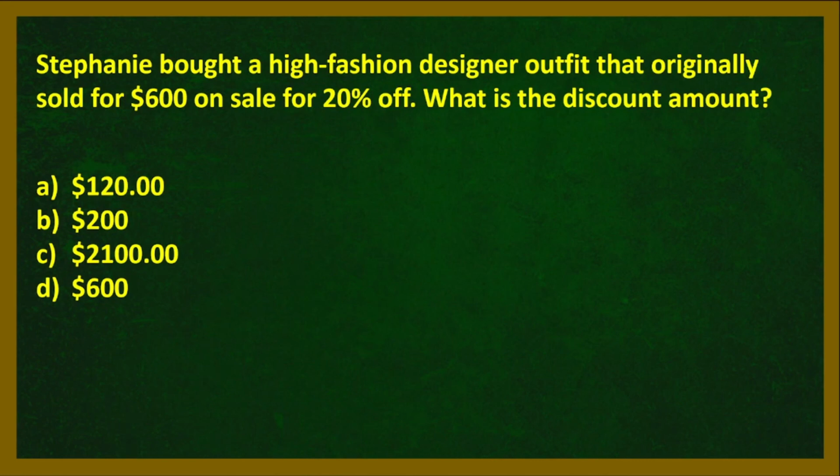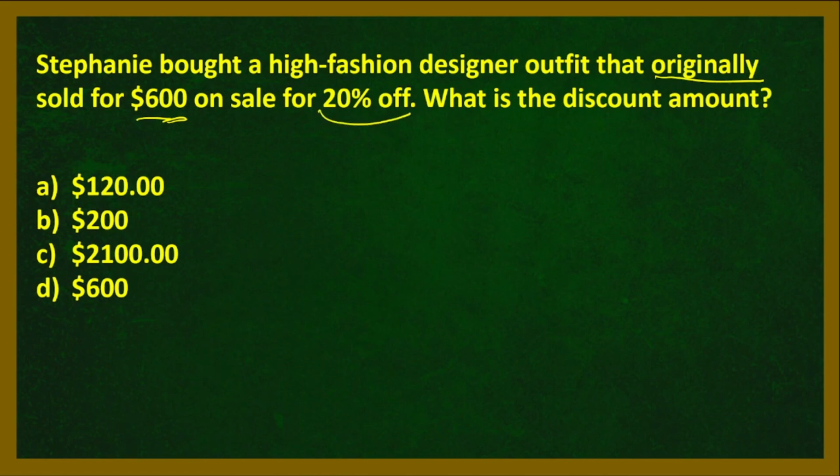Well, as I noted earlier, we found the discount amount by taking the original price and subtracting the sales price from it. However, in this example, you can see we do have the original price of $600, but we don't have the sales price. However, we do have the percentage of the sales price.